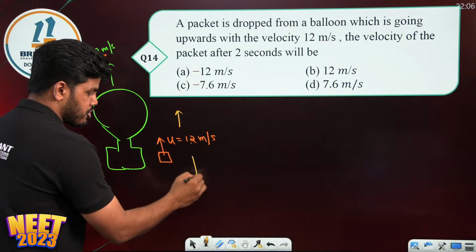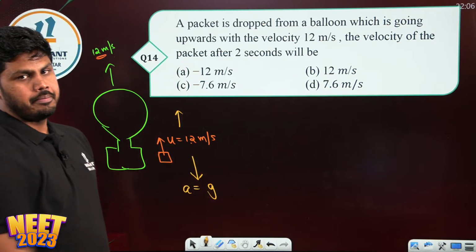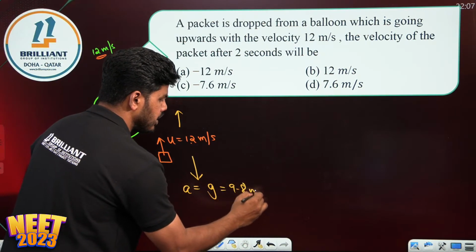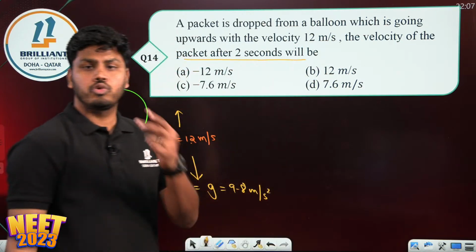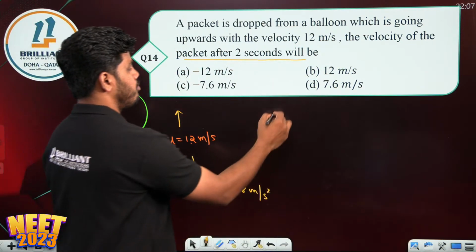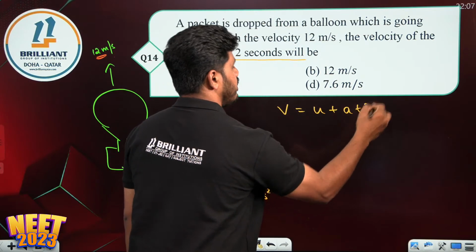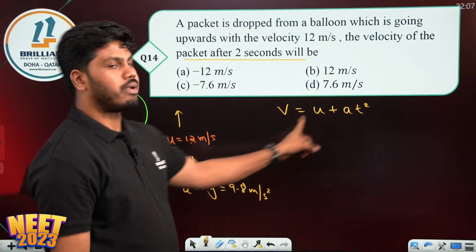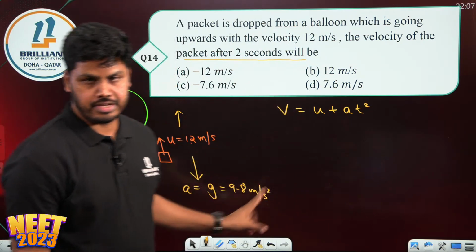And we know in motion under gravity, acceleration is going to be the acceleration due to gravity, g, which is 9.8 meters per second square, right? You are asked to find the velocity of the packet after 2 seconds. We know the equation of motion: final velocity v is equal to u plus at. The next point you have to remember is the directions.